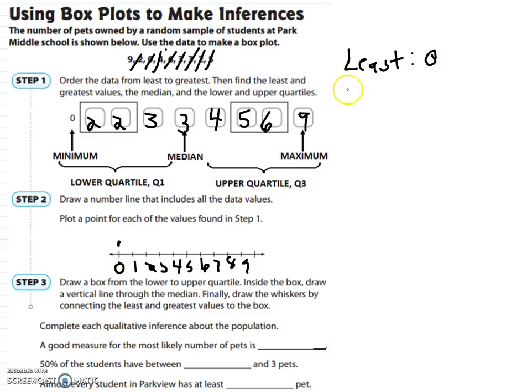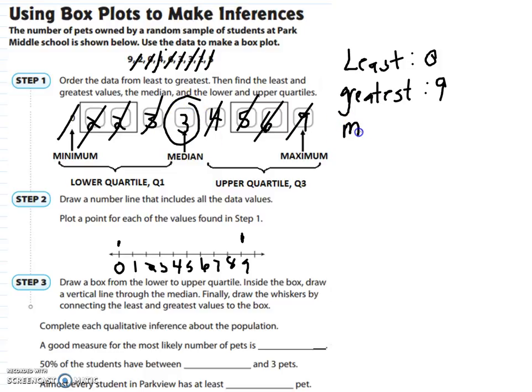Okay, the greatest or the maximum is 9. So we make a dot. The median they already found for us. We cross off till we get to the middle. The median is 3. Make a dot.